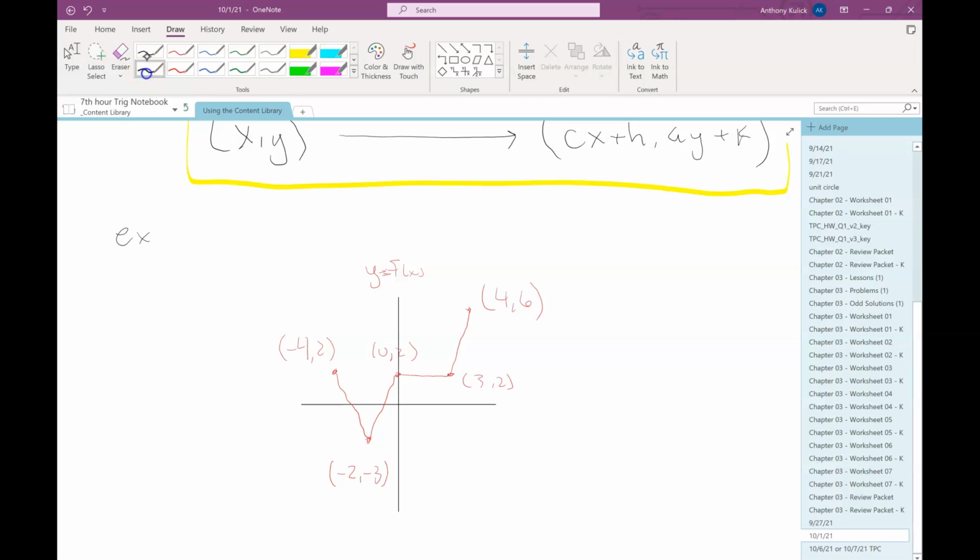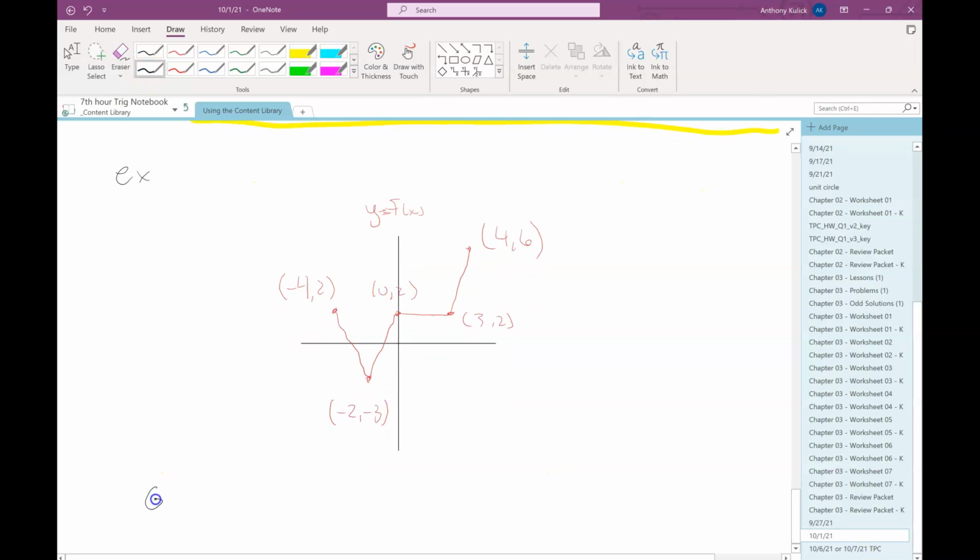And let's say we want to graph -3 times f of (-x + 2) minus 1. So the first thing I'm going to want to do is pull the values for a, c, h, and k.